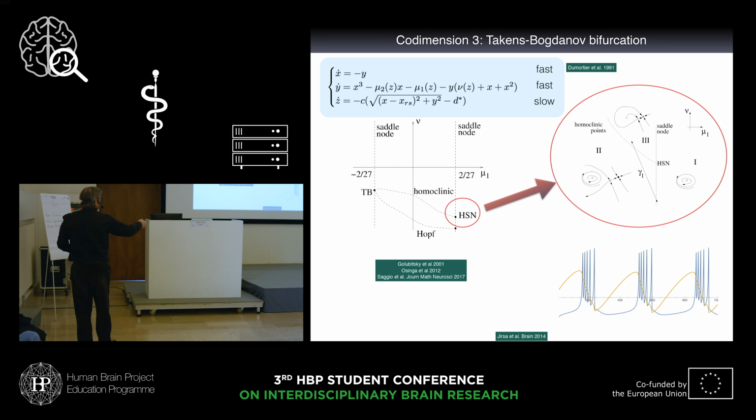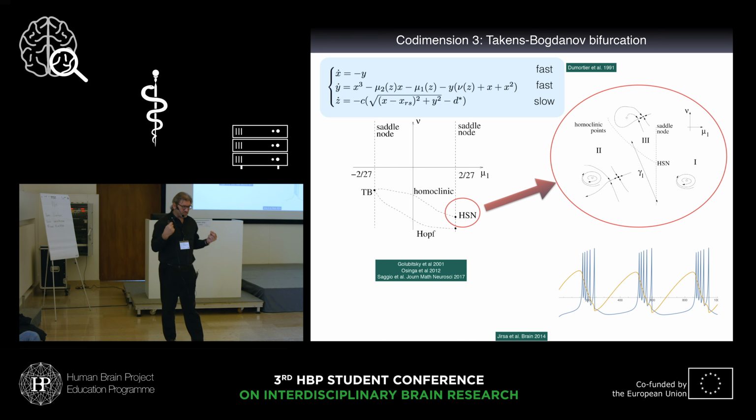In this case, it's a Takens-Bogdanov point. You can describe this by 3 variables and 3 arbitrary parameters that have no meaning at this point. They're dynamic representations that absorb all your physiology that you have in the detailed models. They are in there, but we keep them generic.